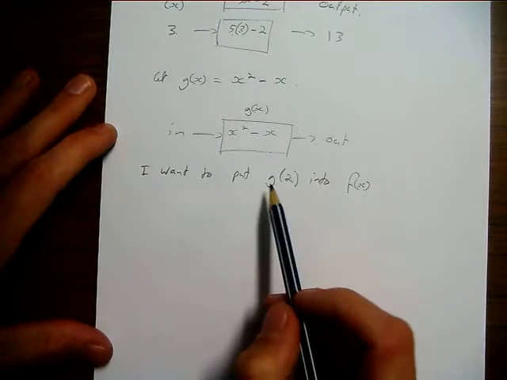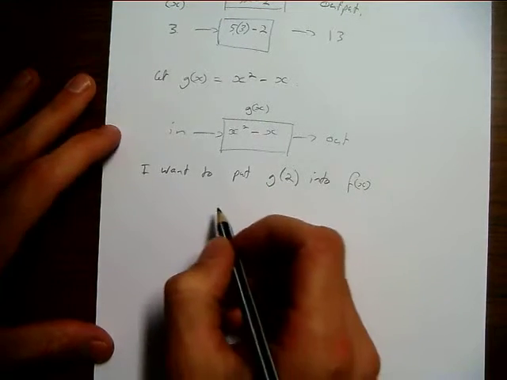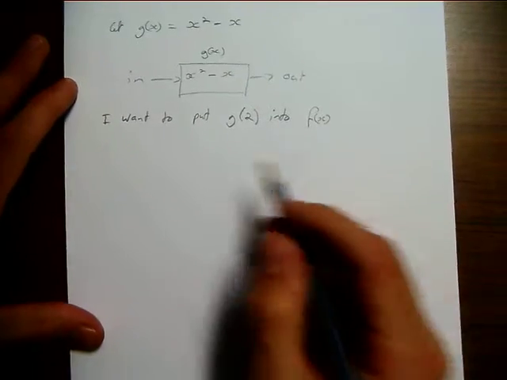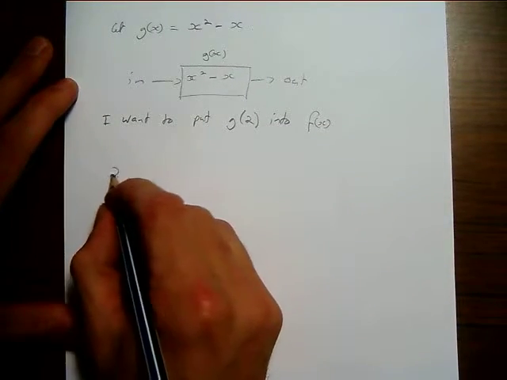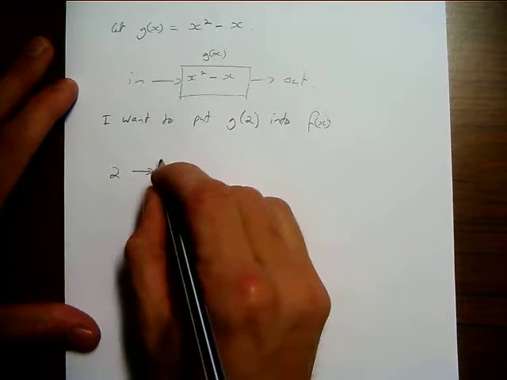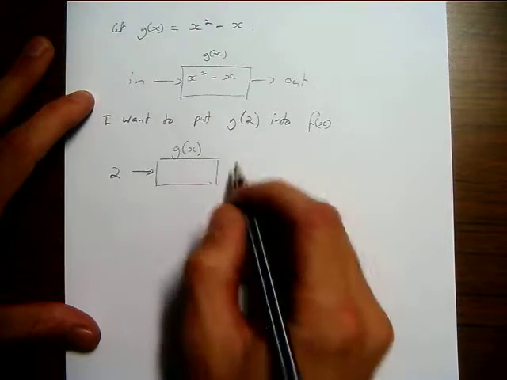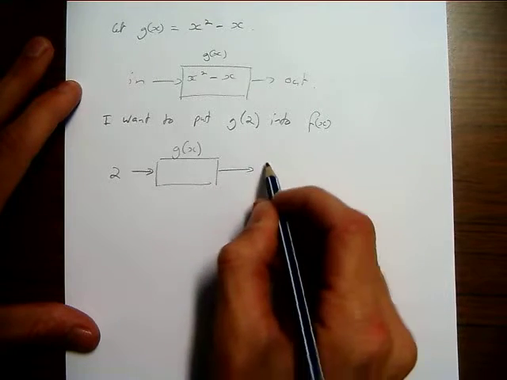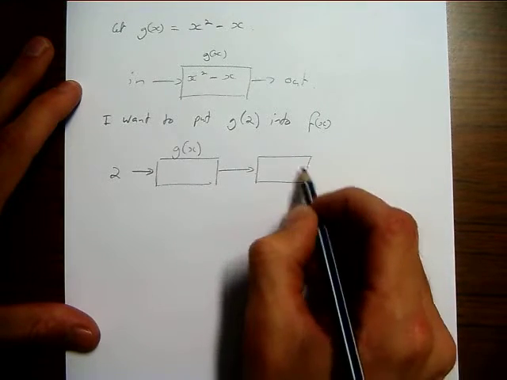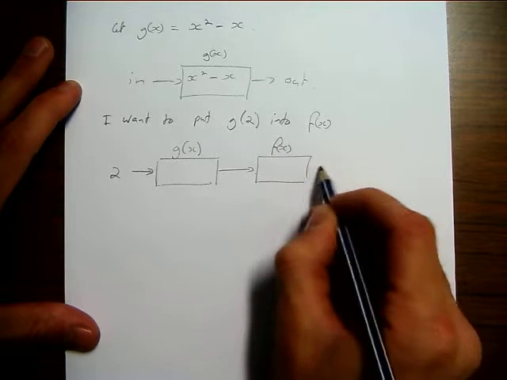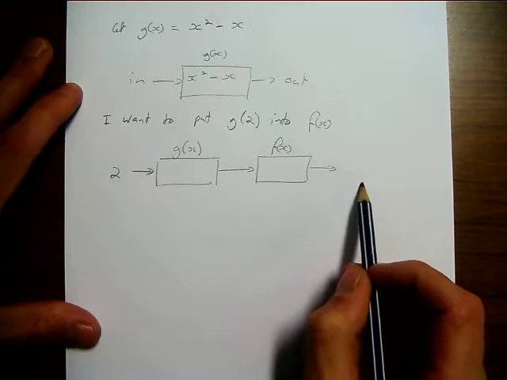Really what I'm wanting to do is take 2, put it into g of x, whatever the output is, put it into f of x, and then that's going to be my final output.